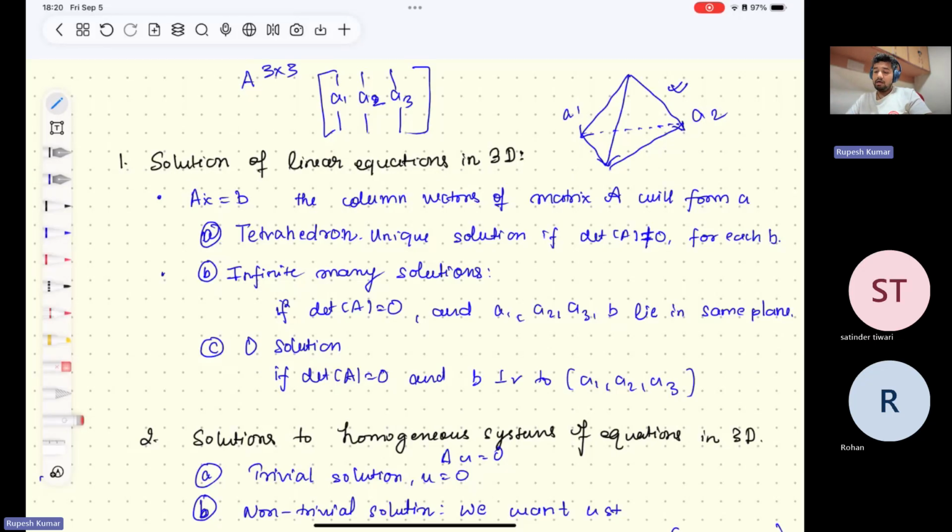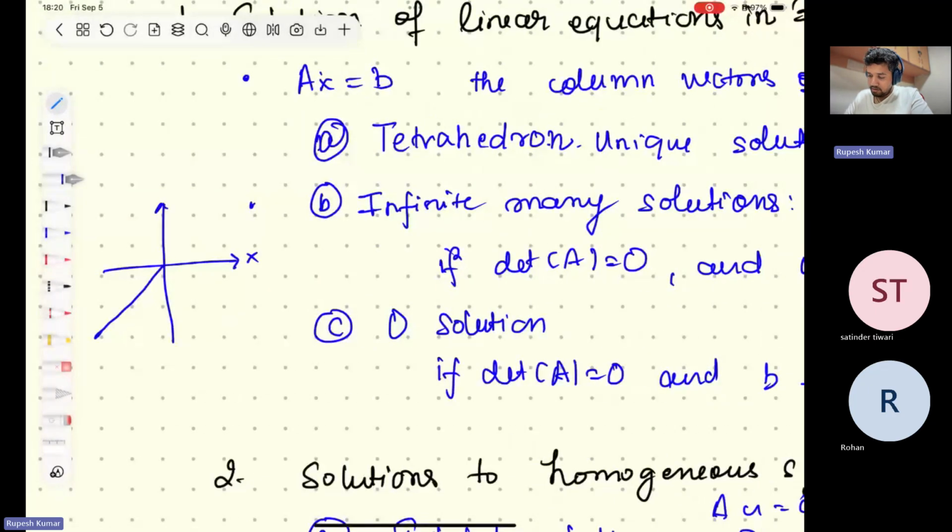Why is this unique again? Let's take a very basic example. Let's say we have this three-dimensional space, X, Y, and Z. Now let's say I form a matrix like this: 1 0 0, 0 1 0, 0 0 1. Can you tell me the number of ways you can write any vector in the 3D space?